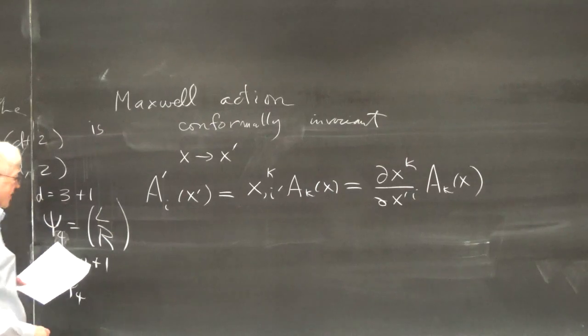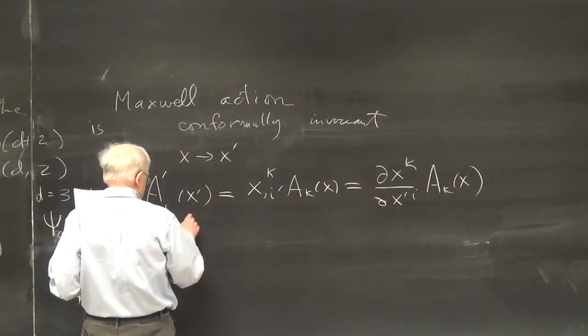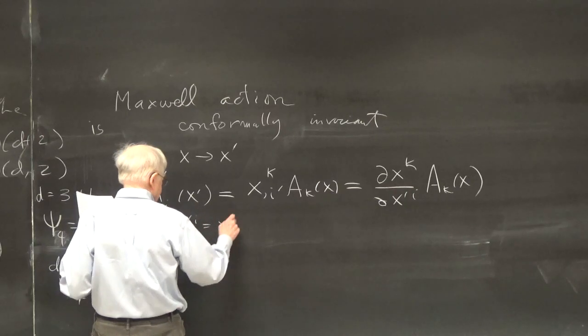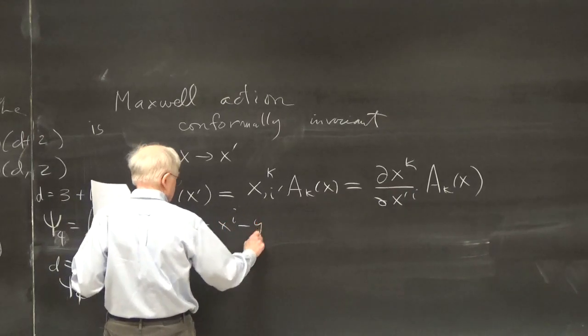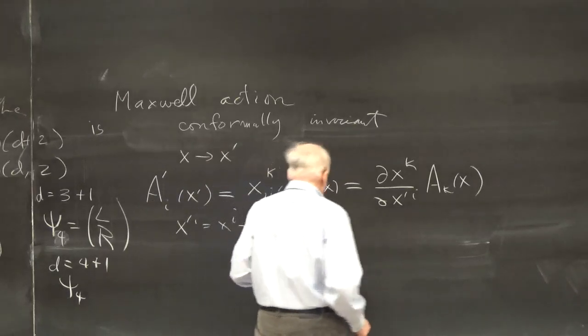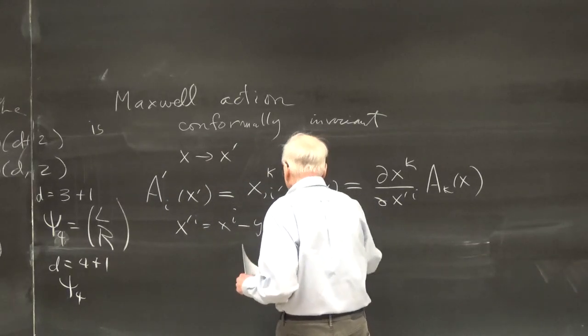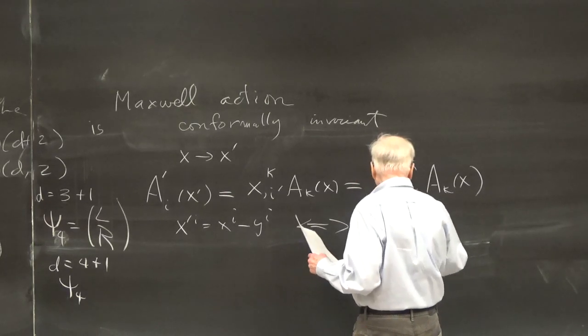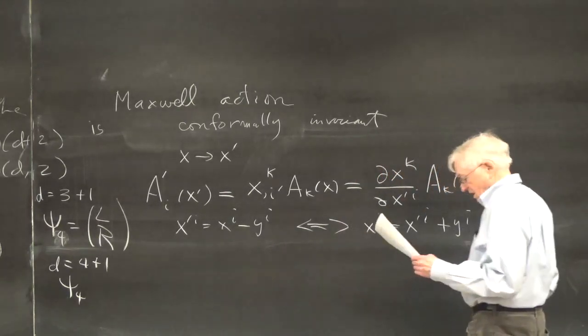Now what we're going to do is have a tiny change. x'^i is x^i minus y^i, which is equivalent to x^i equals x'^i plus y^i.